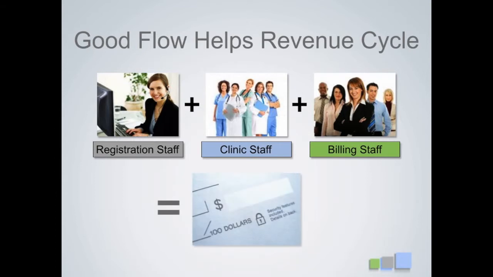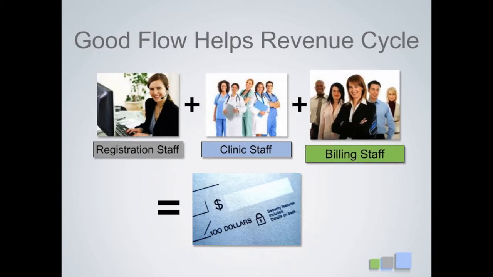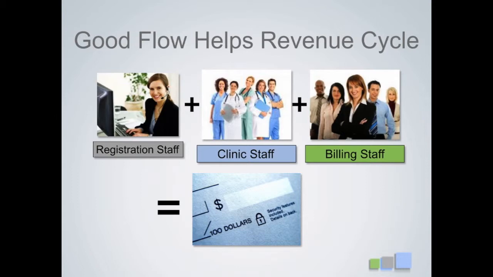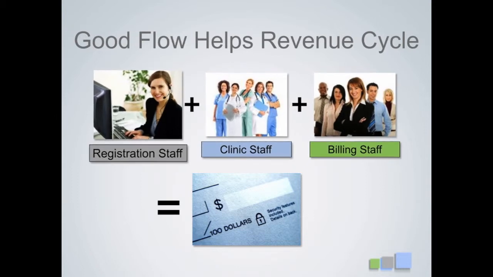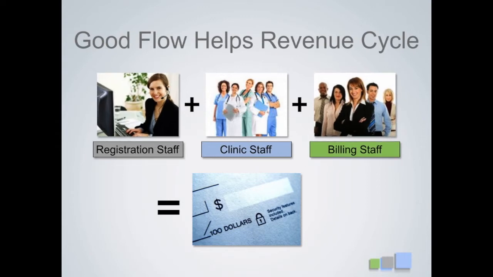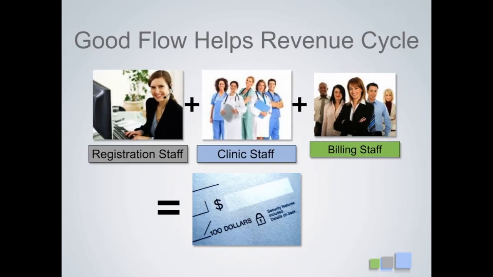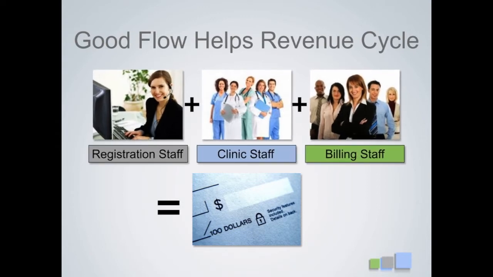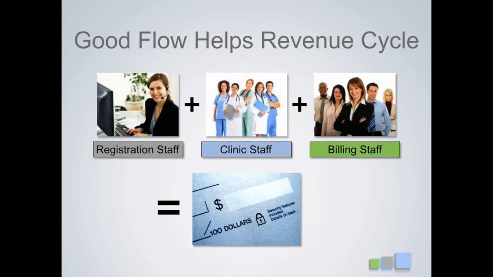To maximize your team's success, everyone should understand the roles of other team members and how one role affects another. Billing staff should feel comfortable going to clinicians to discuss issues with billing and charts. Registration should feel comfortable asking billing for help and resources. Clinicians should be able to go to registration and billing for resources or clarification of processes.